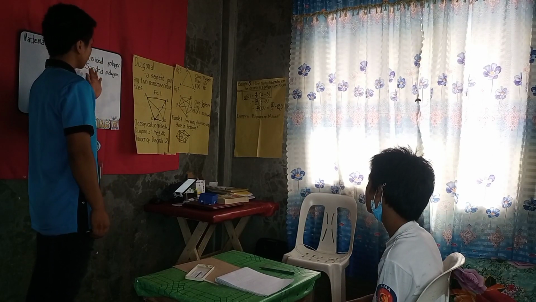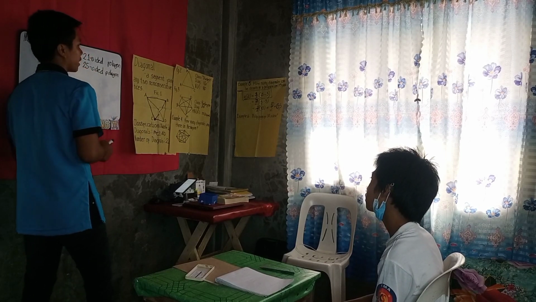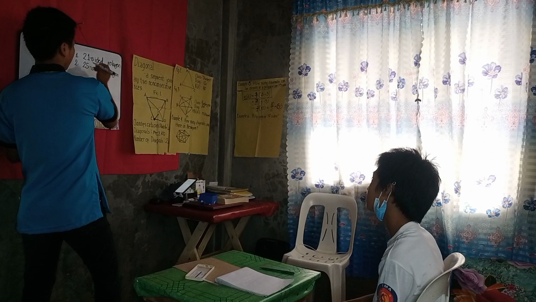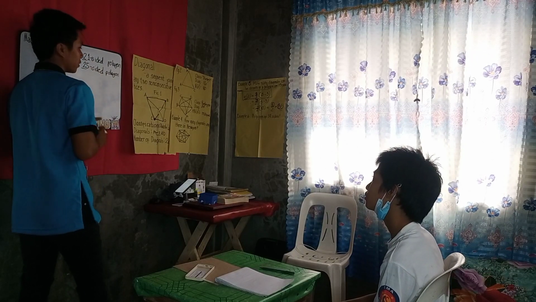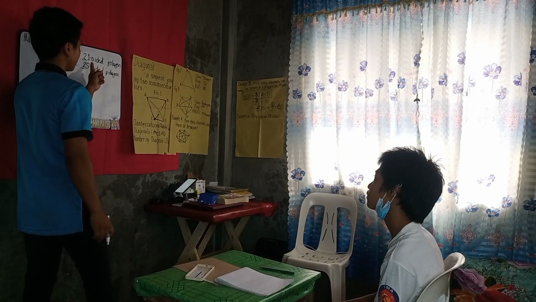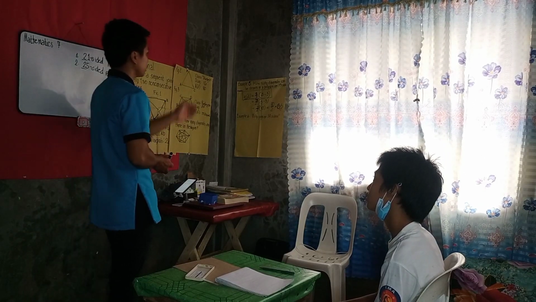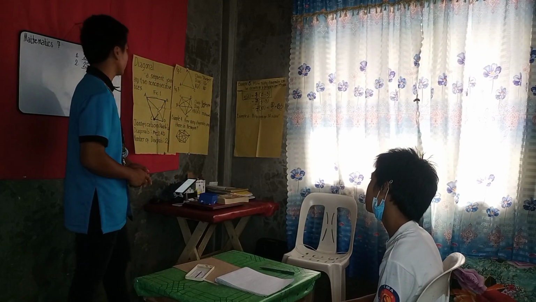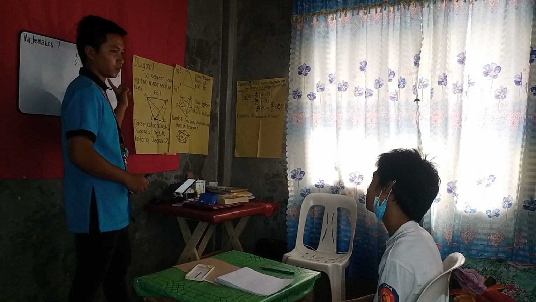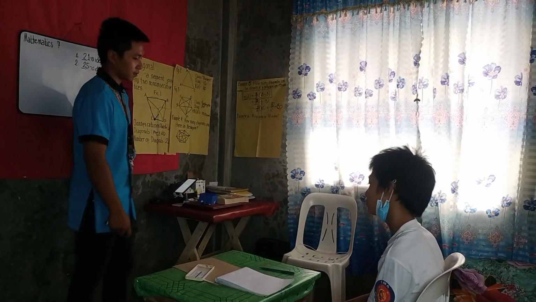Yung polygon natin may 21 sides at may 25 na sides. So, using our formula, you're going to find the number of diagonals of our given polygon. Is that clear, class? Okay, you can now start.